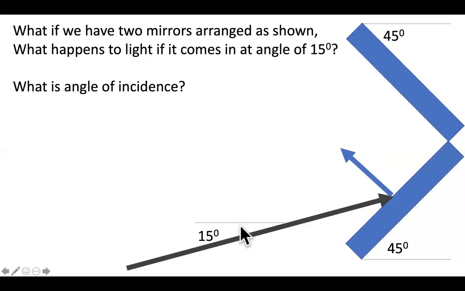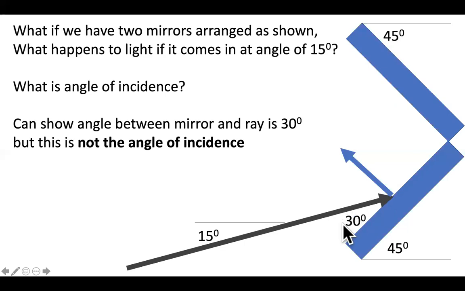Given that this is tilted at 15 degrees and this is tilted at 45 degrees, how do we figure that out? Well, this one makes an angle of 15 degrees from the horizontal. This makes an angle of 45 degrees to the horizontal. The angle between the surface of the mirror and this line is 30 degrees. This is where I'm going to be clear. This is not the angle of incidence.